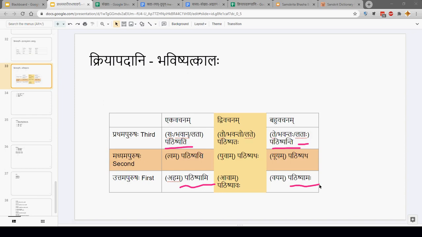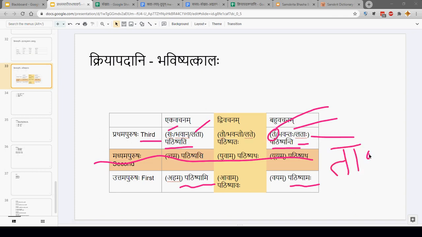So Bhavan, if it is you, we can avoid this Madhyama Purusha and just use the Prathama Purusha. Bhavan Patishyati, Saha Patishyati, or somebody else, Lata Patishyati. And then Bahuvachanam is Te Patishyanti, Bhavantaha Patishyanti, Lataha Patishyanti.